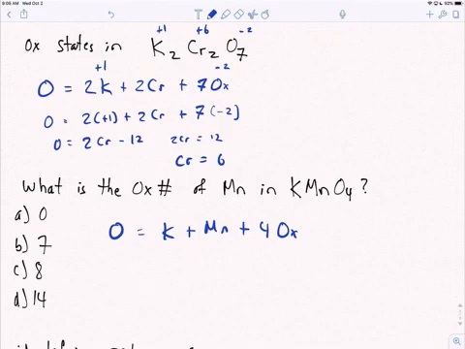Some people think it's A, 0. I think B, 7. How many think C, 8? I think D, 14. Who's stuck?